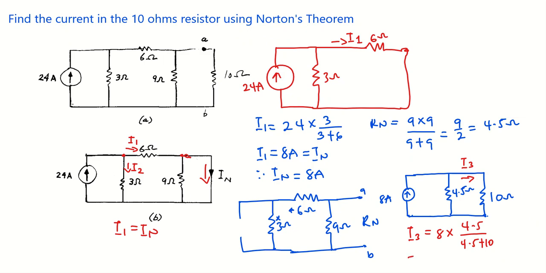So let's see what you are going to get for the current going through the 10 ohms resistor. You have 8 multiplying 4.5 divided by 4.5 plus 10. That gives us a value of 2.483 amperes. So this will be the current flowing through the 10 ohms resistor.